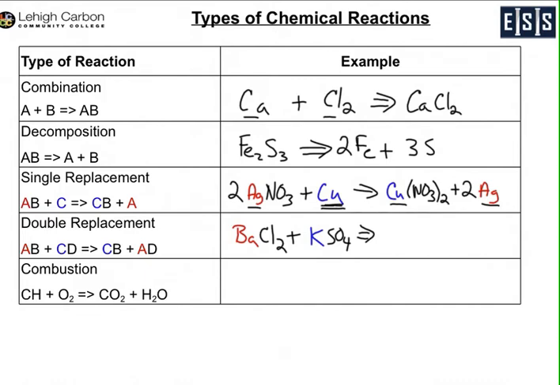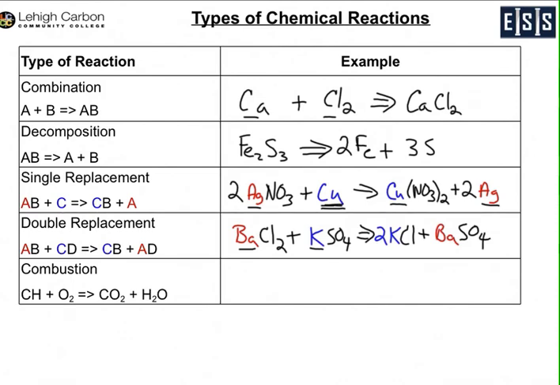And again, the A and the C compound are going to switch, and we will get over here 2 KCl, potassium chlorides, and a barium sulfate. Barium we showed in red, and go back to sulfate.